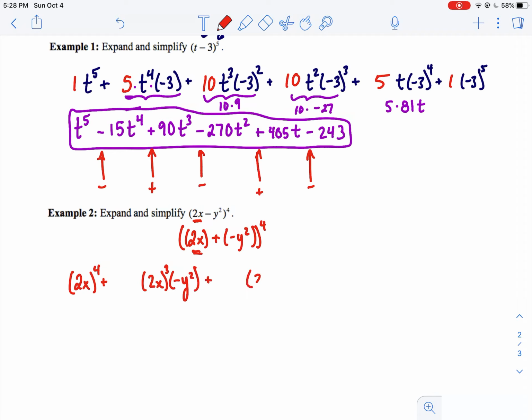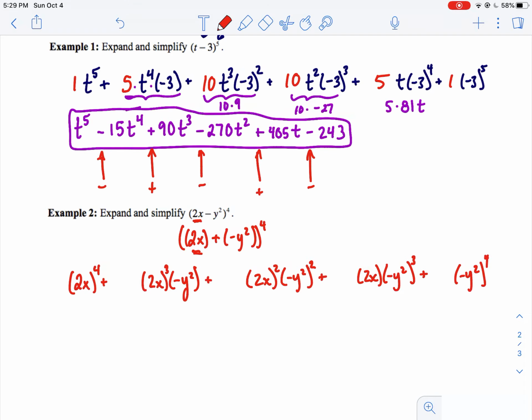In the next term, we've got the 2x that's squared. The negative y squared is squared. Right? And in the next term, the 2x goes to the first. The negative y squared is to the third. And last but not least, the 2x is gone. The negative y squared is to the fourth.